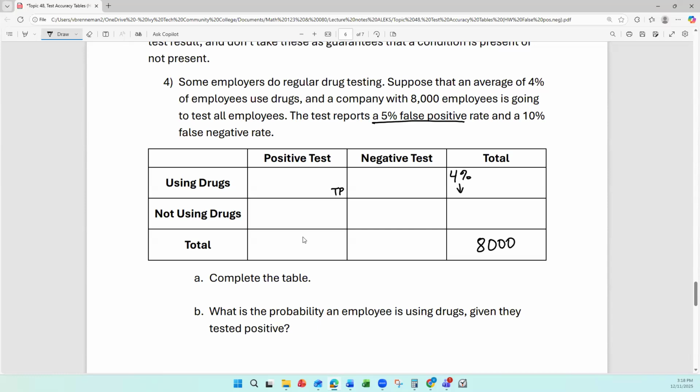Using drugs negative test, false negative. Not using drugs positive is false positive. Not using drugs negative is true negative. So the false positive rate is going to go here, 5% of that row total, and 10% false negative is going to go here, 10% of that total.